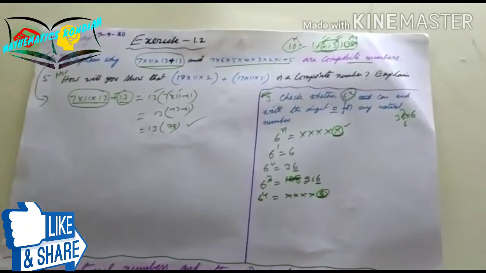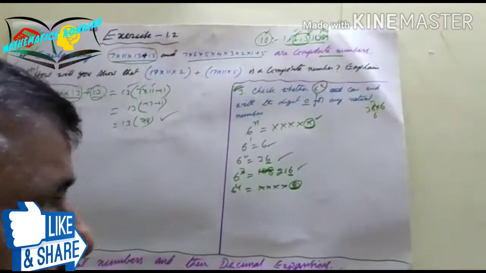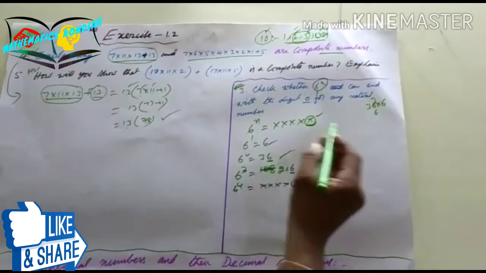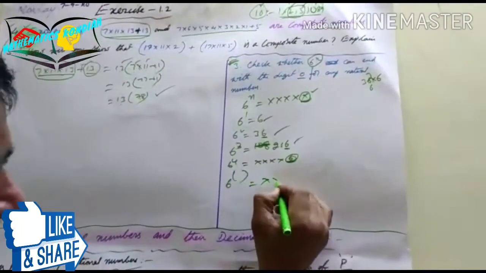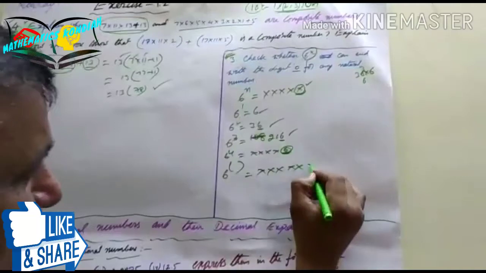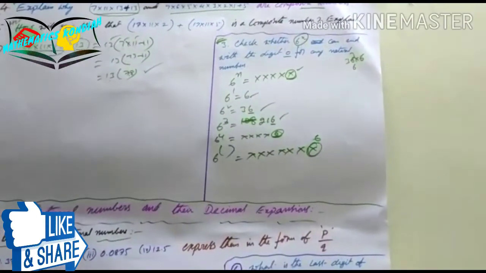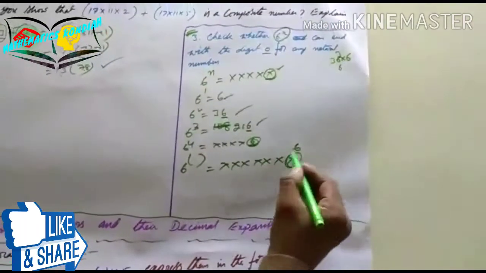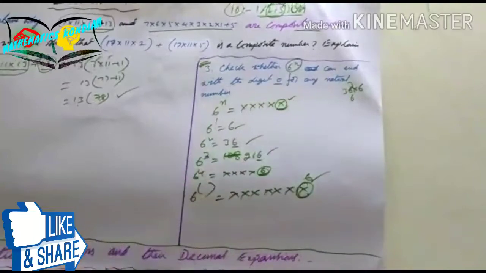For 6 power any natural number, the number always ends with 6.